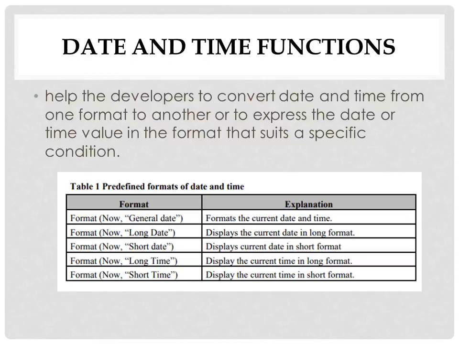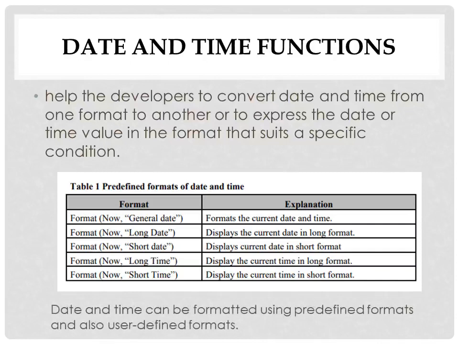So if you want the long date, you can use format now long date, and in the short format, short date, as well as the long format and short format of your time, long time and short time. Date and time can be formatted using predefined formats and also user-defined formats.